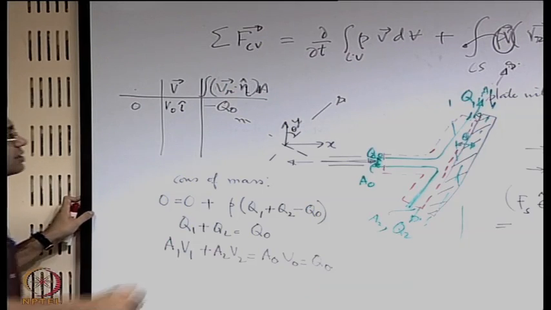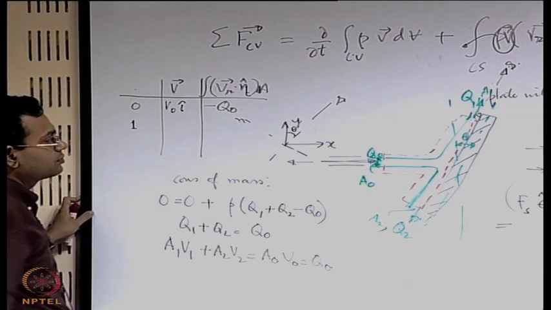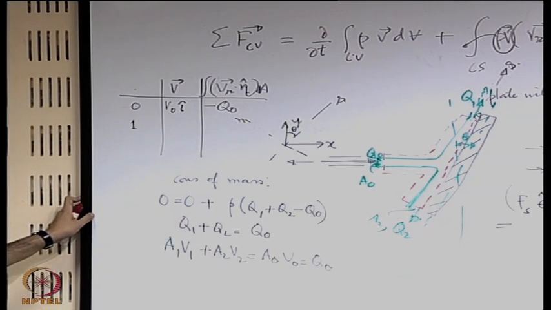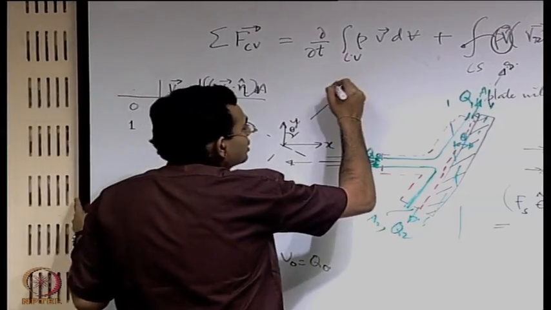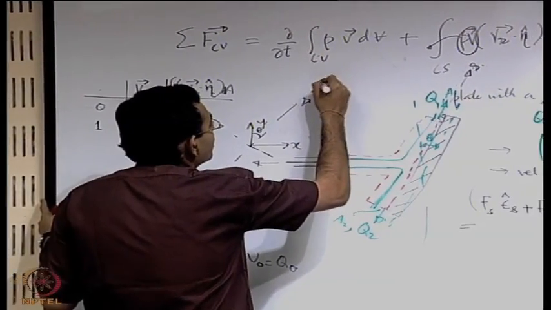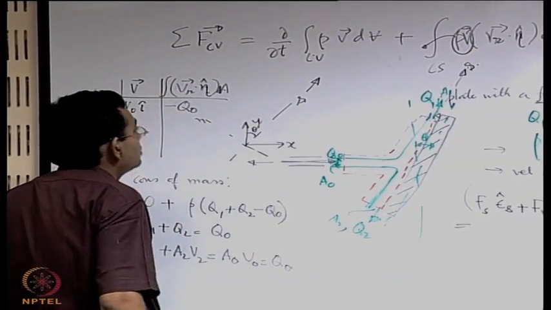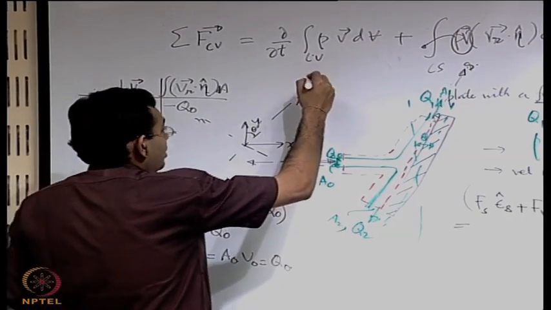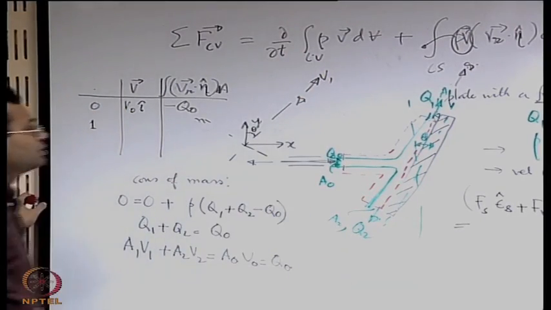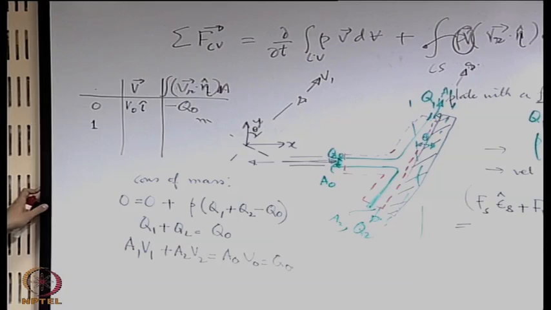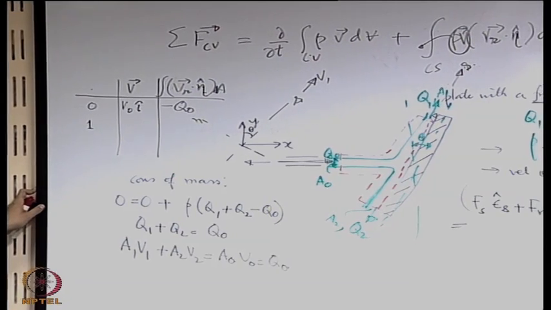Then for the surface 1, you are having a flow in this direction, which has a velocity of v1. That may be resolved along x and y.